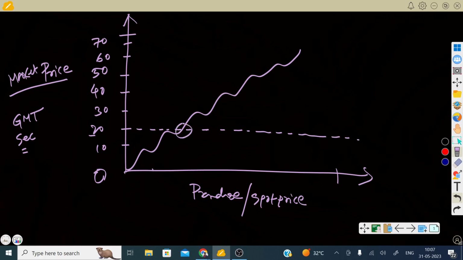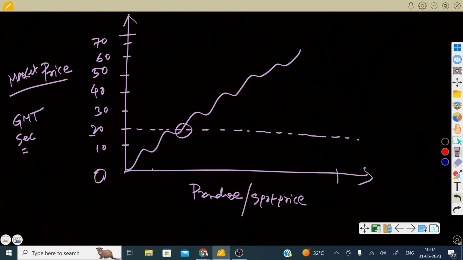So here you are, and you have done some sort of research. You got to know that the price of GMT security may go up in the upcoming time, maybe a week or 2 weeks or 3 weeks duration.